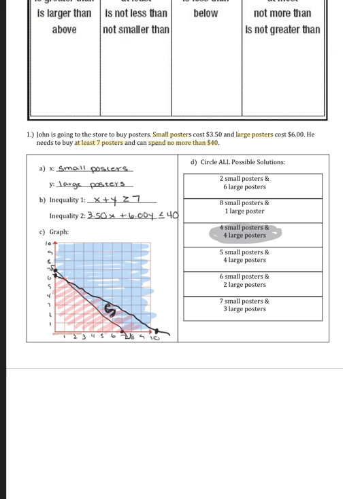So we can color that in. 6 small and 2 large is a solution, and 8 small and 1 large poster is a solution. So if we take a look at that, they just look like points. So you have 8, 1, you have 4, 4, and you have 6, 2 as your points.